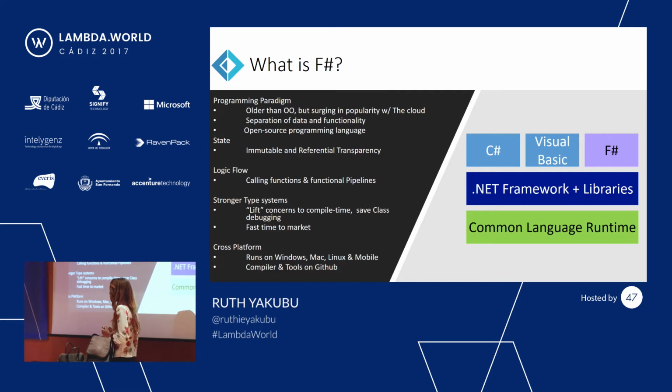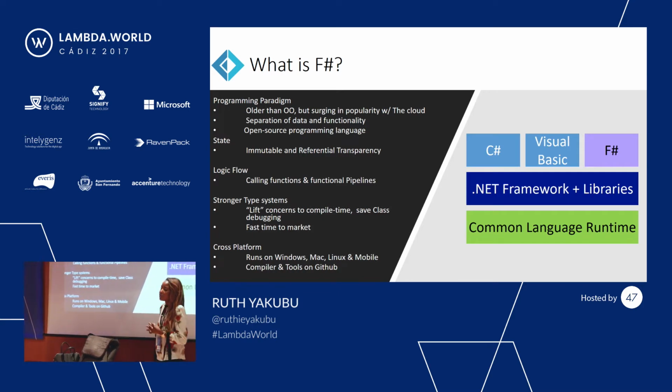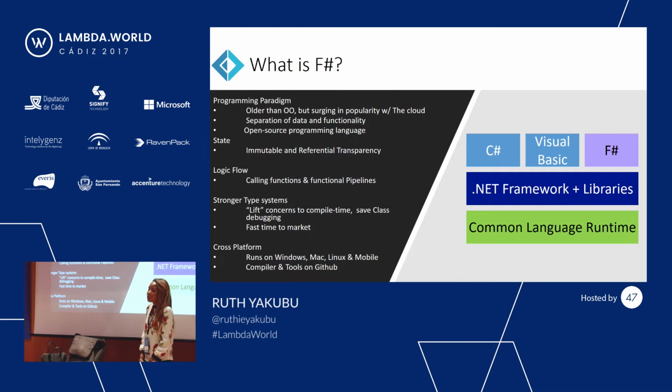Another thing that is very unique about F# is it's an immutable type of programming. So when we say immutable is when you define things, especially when you're dealing with object-oriented programming, and you have different objects that you're sharing, the data can change.